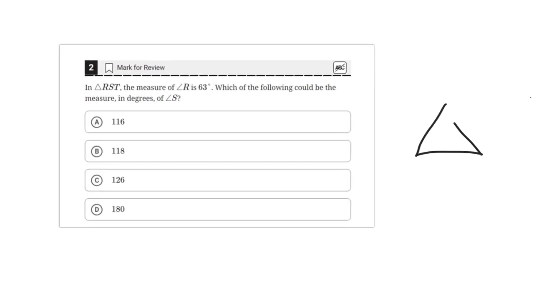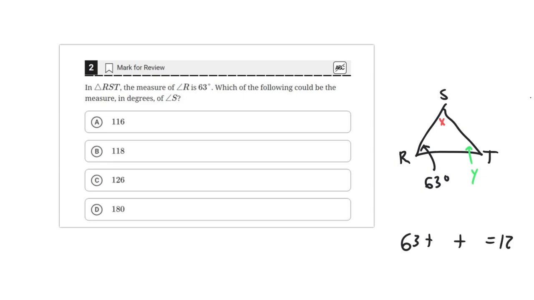So we have a triangle here, we have R, we have S, we have T, and apparently this right here is 63 degrees, which is why it could be the measure of S. Now, we don't know much about the measure of S, which we'll call that red X, but we do know for sure that this angle plus this angle plus this angle add up to 180 degrees. Let's go ahead and call this one Y right now.